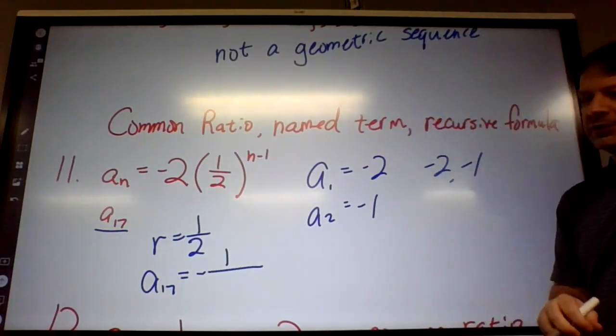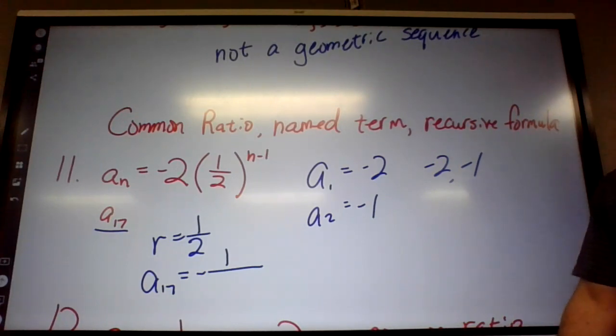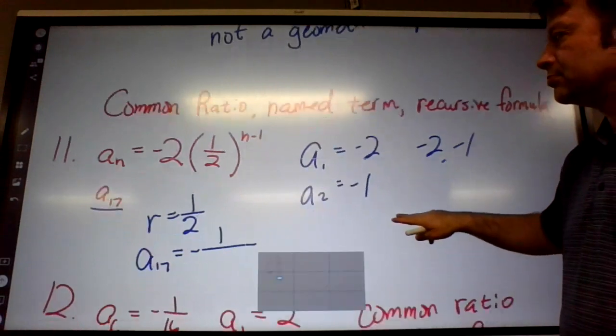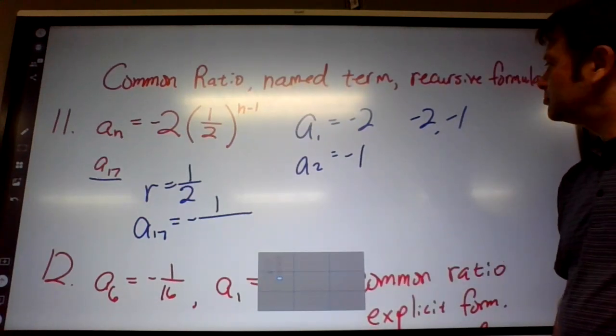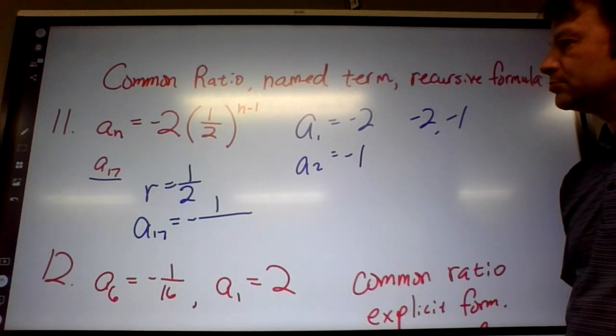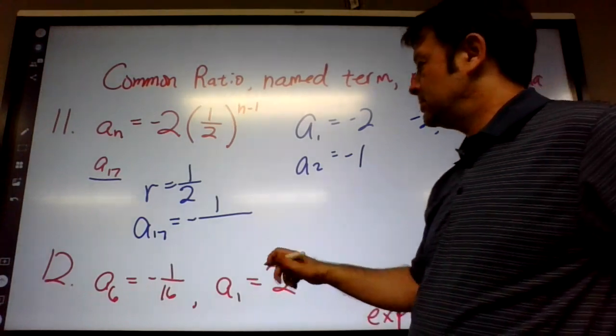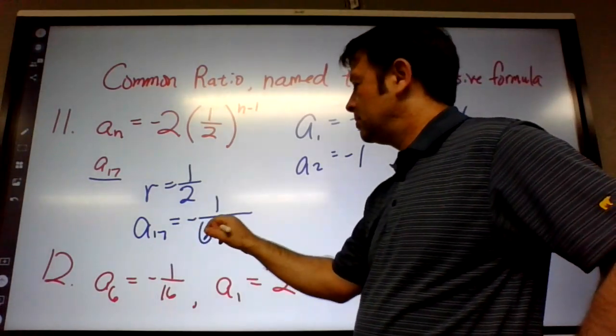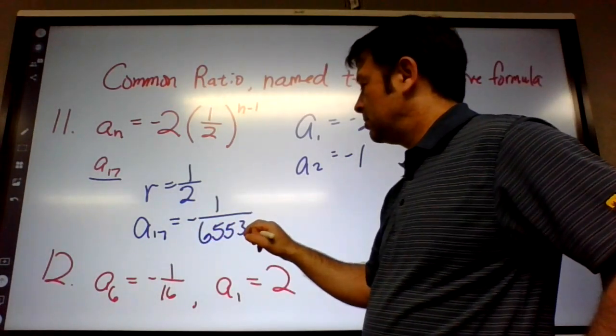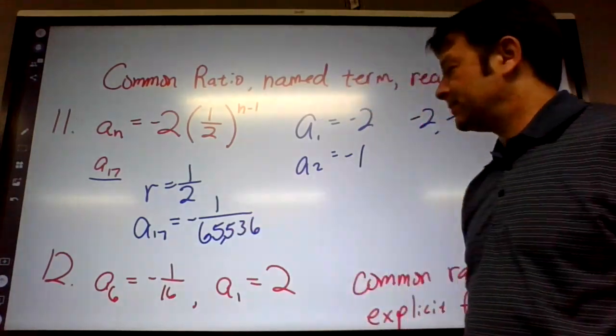I don't know what it was, but multiplying by a half 16 times makes the number really tiny. Anybody get it? $65,536.